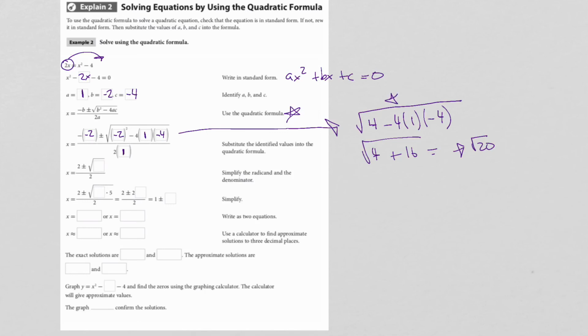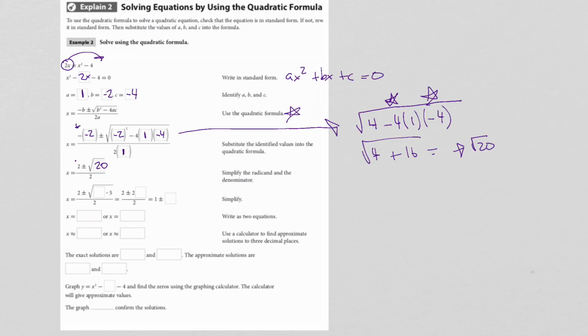We got the minus 4 here and the minus 4 here. A minus 4 times a positive 1 times a negative 4 makes a positive 16. So this is definitely the square root of 20. So square root of 20 there. And the opposite, here's a minus. A minus negative 2 makes a positive 2, which is right there.